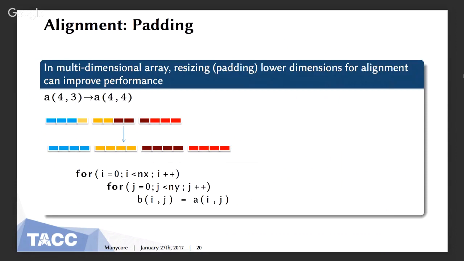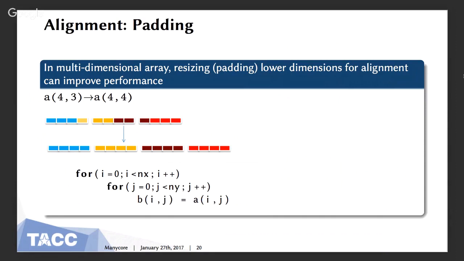This can also show up when you are working with multidimensional arrays, and it can be corrected by something called padding. So if I consider a 4x3 array in C up at the top here, my first 3 data elements are in blue, that's for the first row.